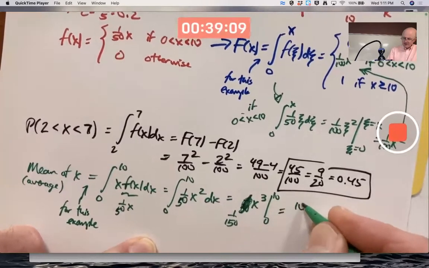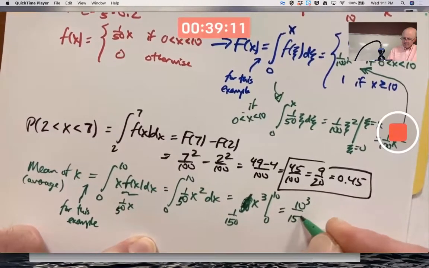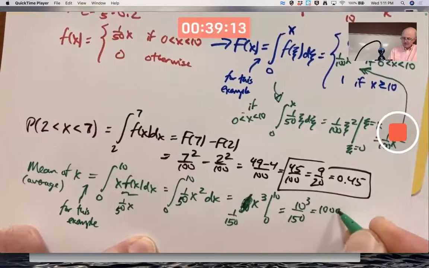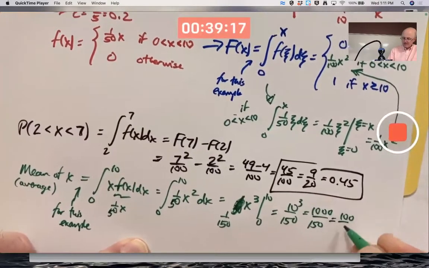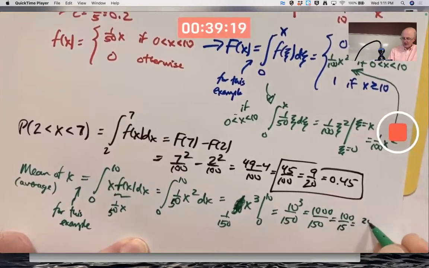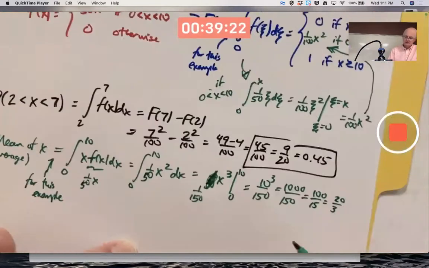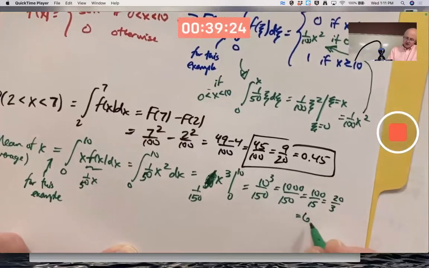So you're going to get 10 cubed over 150, which is 1,000 over 150, which is 100 over 15, which is 20/3. 6 2/3, which is 6.6 repeating.